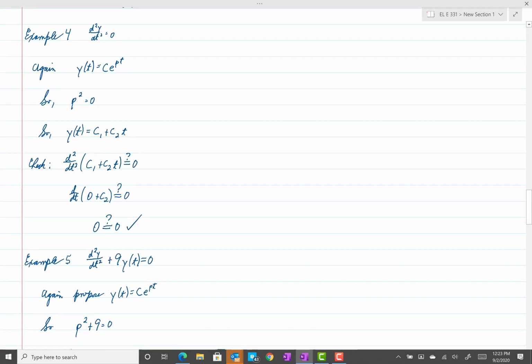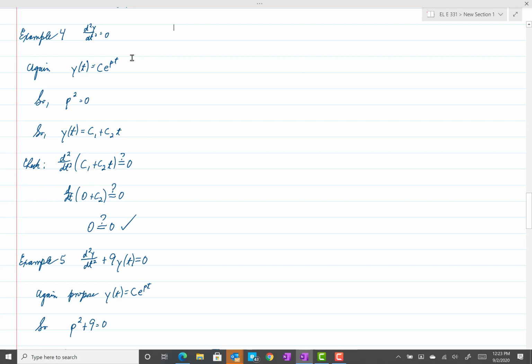This is example 4. d squared y dt squared is equal to 0. And so again, we propose a solution in the form y of t equals ce to the pt, and we know then from experience that when we make that proposal, this becomes just p squared equals 0.